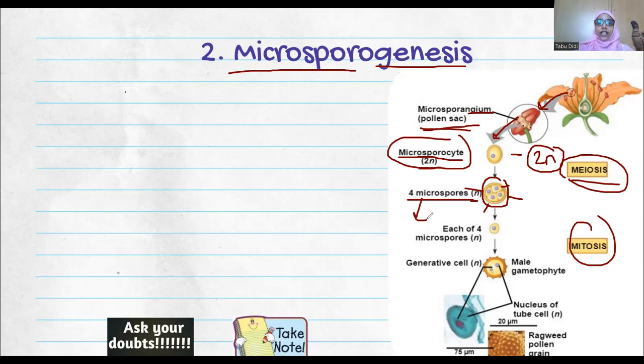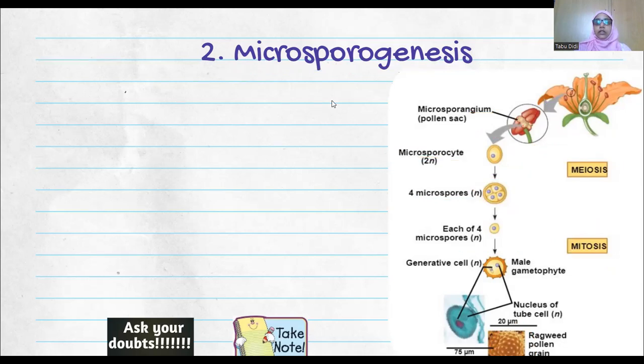By mitotic division. Once the meiotic division takes place, these microspores will now undergo rapid multiplication and division. Everything will remain the same, the chromosome number, because now what type of division is happening? Simple mitotic division. And then the pollen grain will be formed. So this is how the pollen grain will look like.